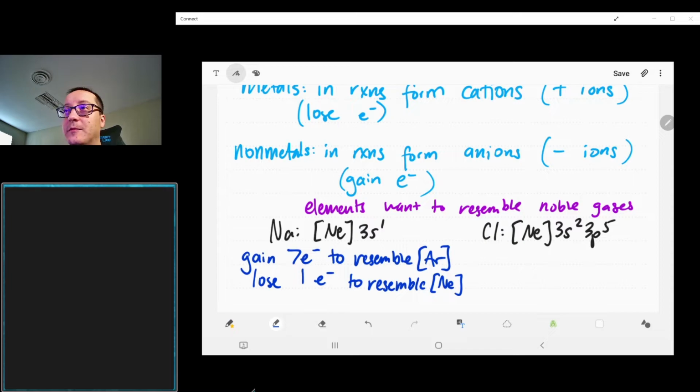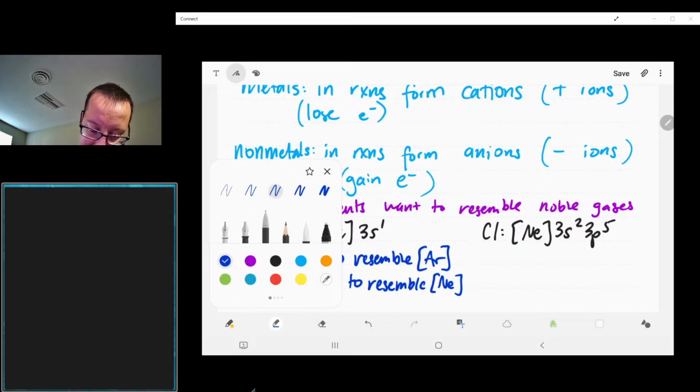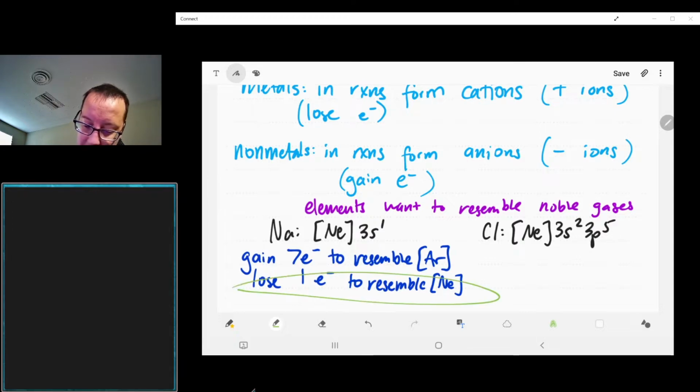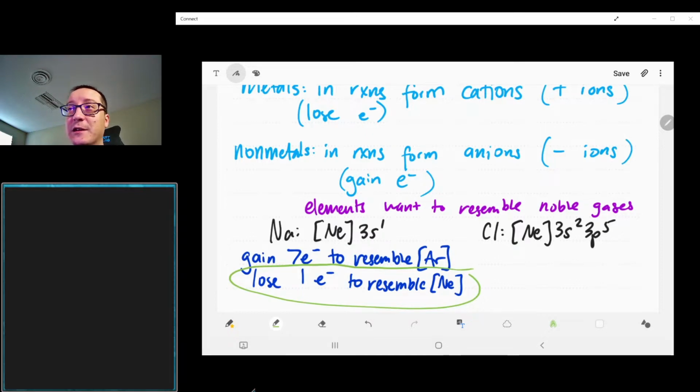Just looking at these, hopefully one of them makes more sense, right? It's going to be a heck of a lot easier for sodium to do the bottom one. It's going to be a lot easier for it to lose an electron than it is for sodium to gain 7 electrons. Just looking at it mathematically, it's totally easier for that to happen.